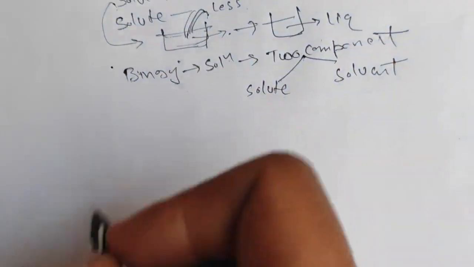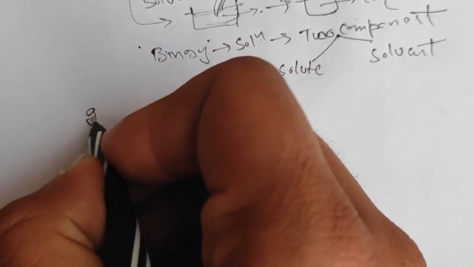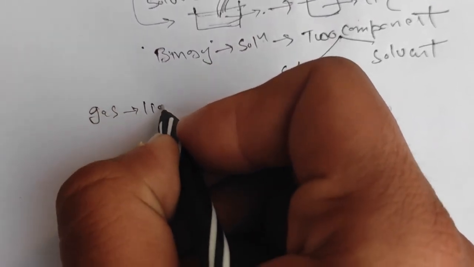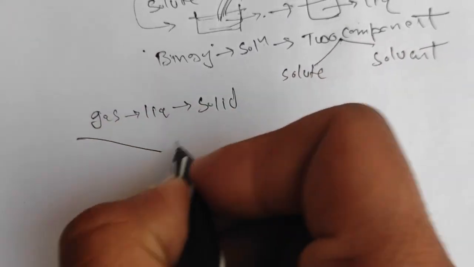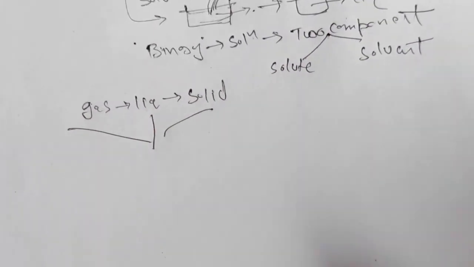We know there are three types of matter: first gas, second liquid, and third solid. So we use these properties and then see some examples.